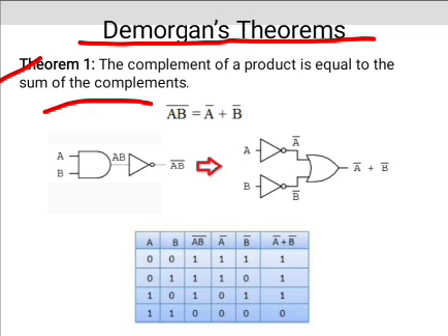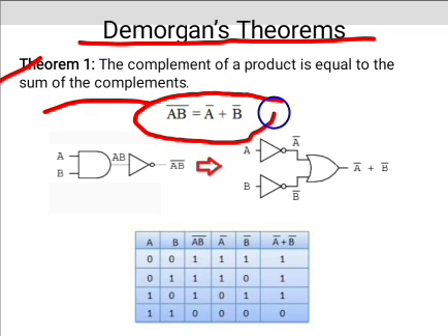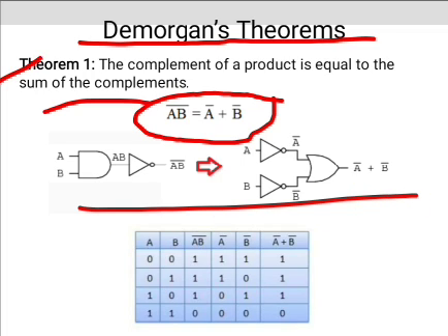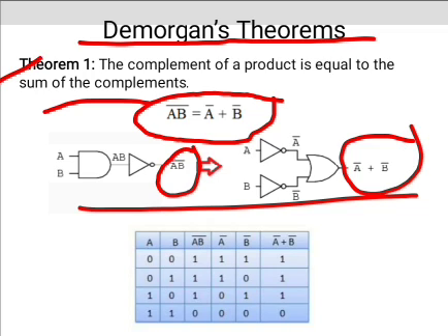That means AB complement equals A complement plus B complement. So this is a simple combinational logic circuit.